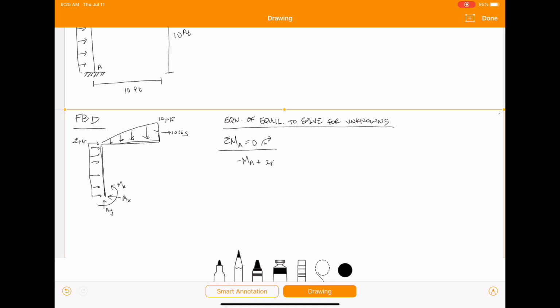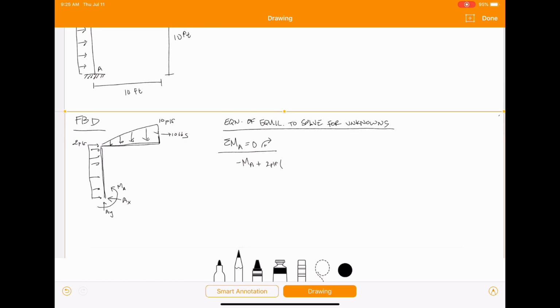So 2 PLF times the length of the distributed load, which is 10 feet. Again, this is just the area of a rectangle, and then times its moment arm, which is going to be the length of 10 feet divided by 2. Because the centroid of a rectangle is half its length.